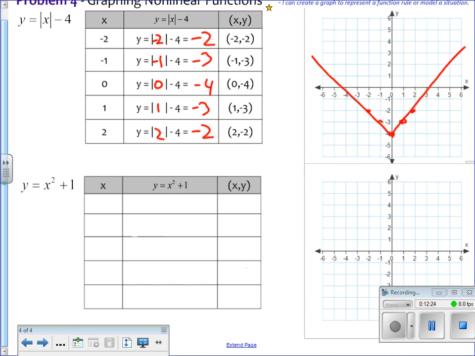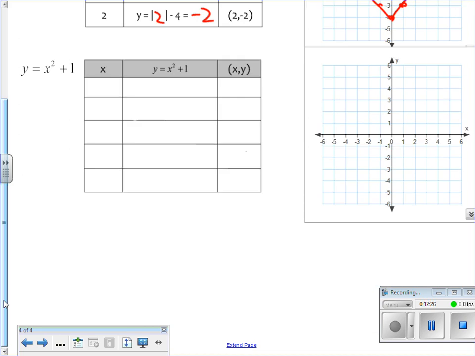So we're going to do the same thing on the next one. Fill in the table. Use these points for x, the same coordinates. And then this is the equation you're going to use for y. Now, order of operations. Plug in -2.